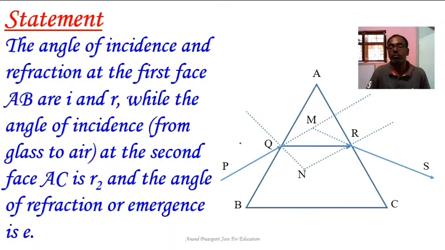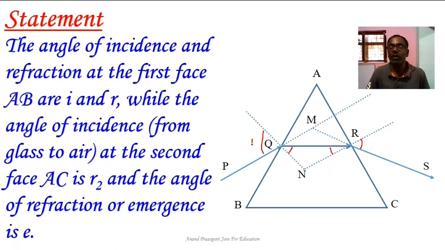So this is the angle of incidence, this is the angle of refraction, this is the angle of emergence, and this is the angle of incidence at face AC.